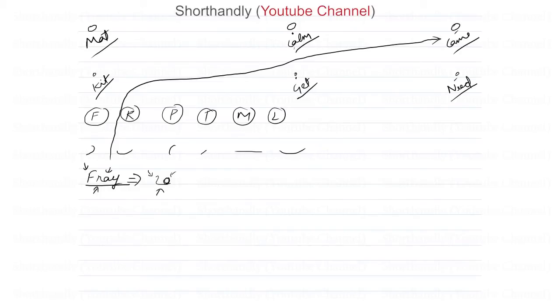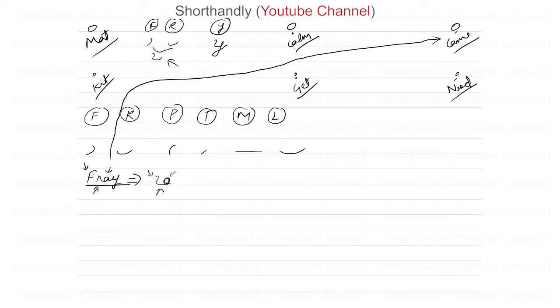Right, fray. Notice the motion of connecting F and R. This is F and this is R. If we connect these two, it goes like this. If we write the character Y in longhand, the Y character is made like this.